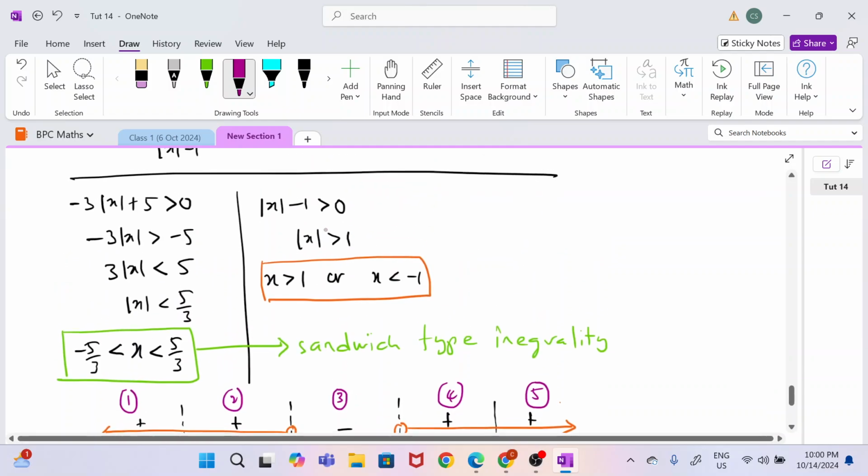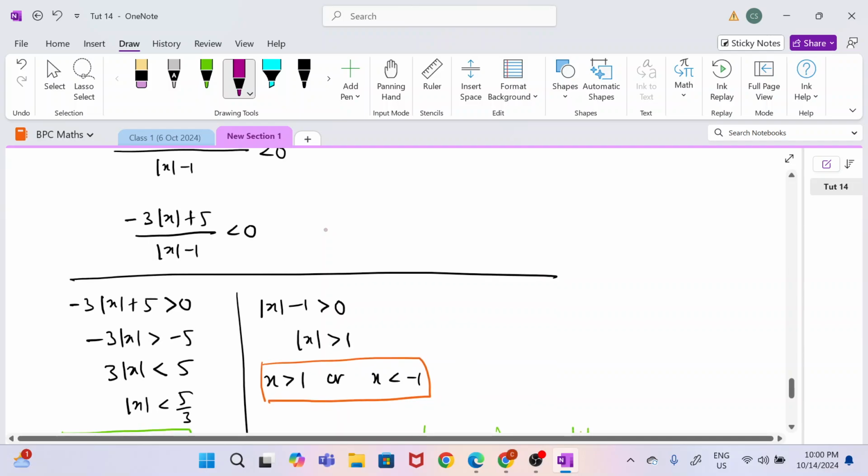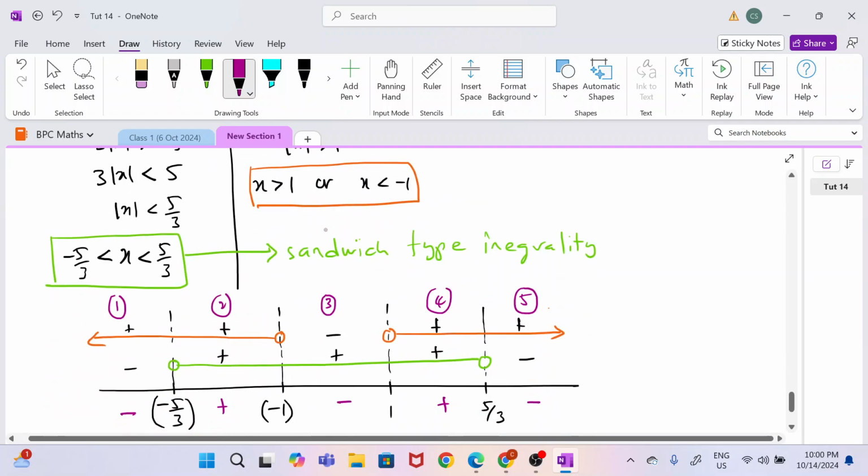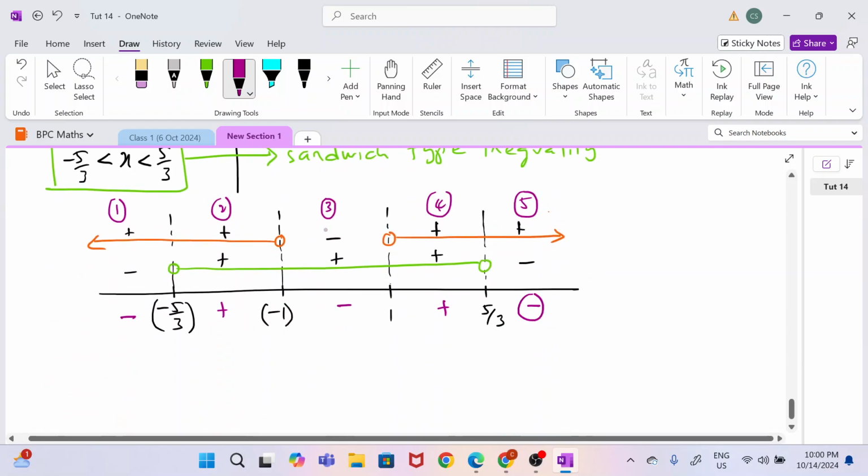Which one do we need? We need negative. Go here, circle all the negative here, in between here.